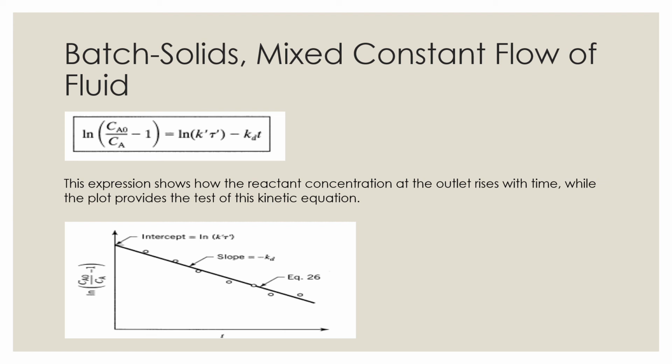Again, the curve is a straight line with a slope equal to minus k_d, and the y-intercept is equal to ln of k dash tau dash, as we can see by comparing this equation with y is equal to mx plus c. As we compare, we get the slope and intercept as shown in the graph, equation 26.